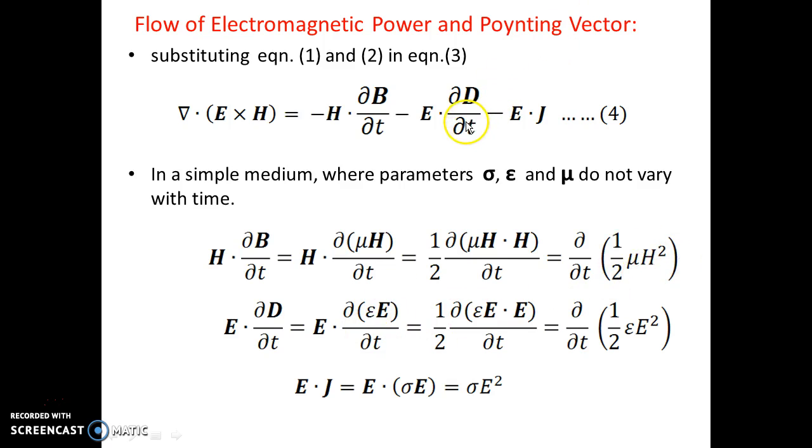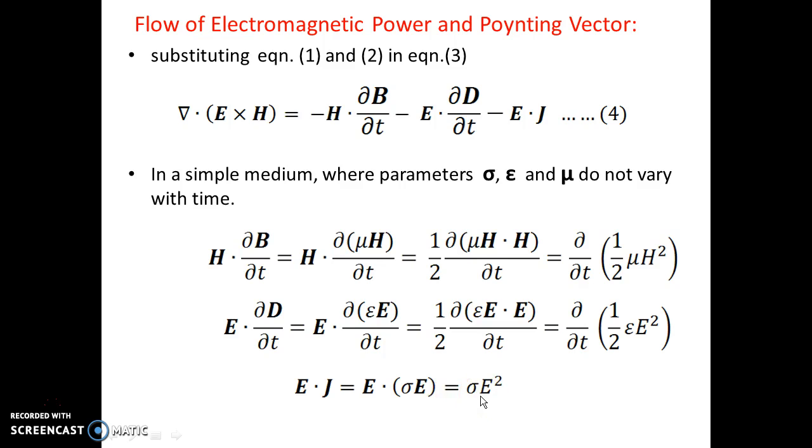Similarly, for the second part in equation 4, we begin with E bar dot dou D by dou t, which is dou by dou t of 1 by 2 epsilon E square. Then the third part in equation 4 can be expanded as E dot J equal to E dot sigma E bar. This is a dot product of two vectors, which can be written as sigma E square.